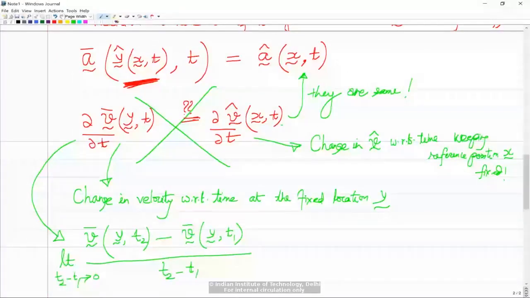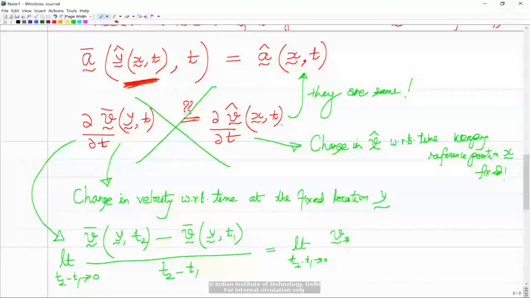But when you do that, keeping y fixed and at different time t2, you have a different particle.